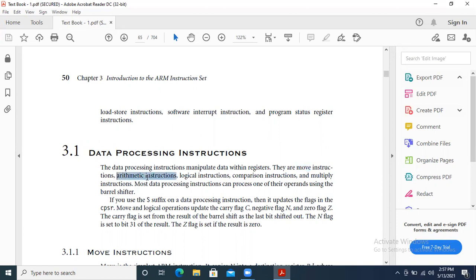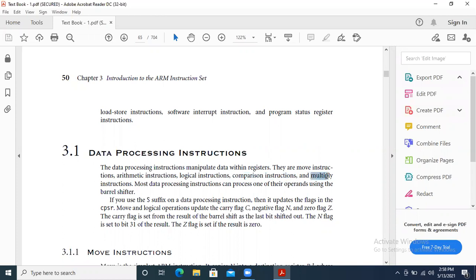Arithmetic means in this we are going to use the arithmetic expressions here. Already all of you know very well what the arithmetic instructions are. Logical means if you are applying any logic, if you are applying any logical gates like AND gate or OR gate, at that time we are going to use these logical instructions here. Suppose if you want to compare two or more values, then I have to use the comparison instructions here.